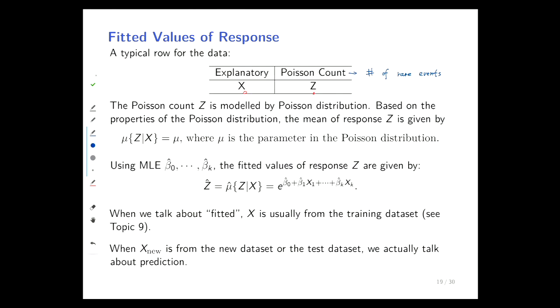In this case, the Poisson count Z, which is our response, is modeled by the Poisson distribution. And if you still remember, if Z follows the Poisson distribution with the mean parameter mu, then we can directly obtain the result that the mean of Z just equals this parameter mu.